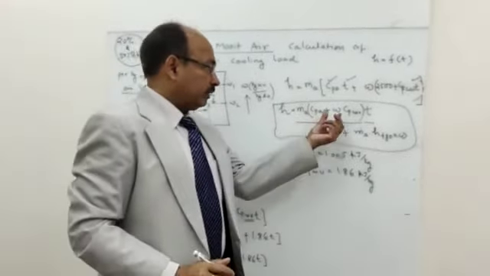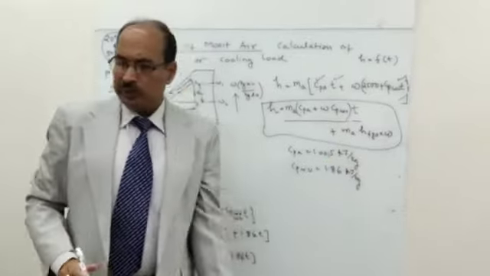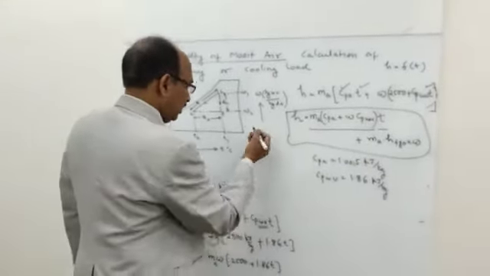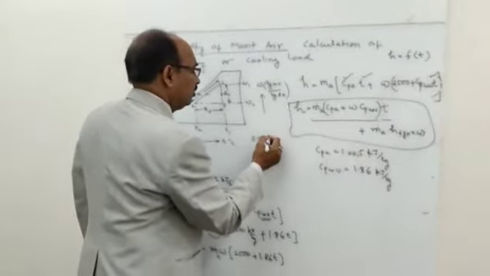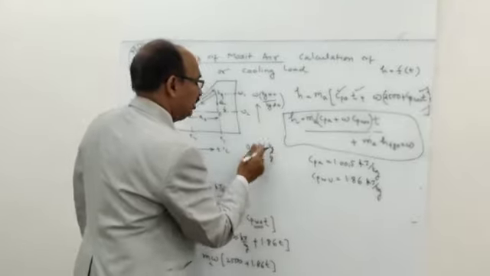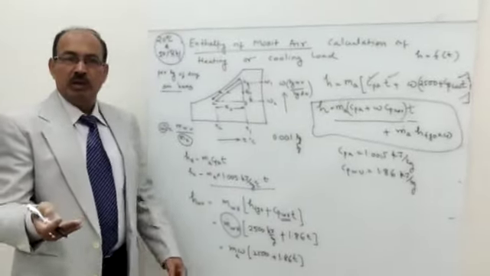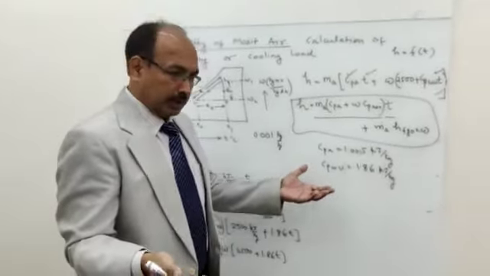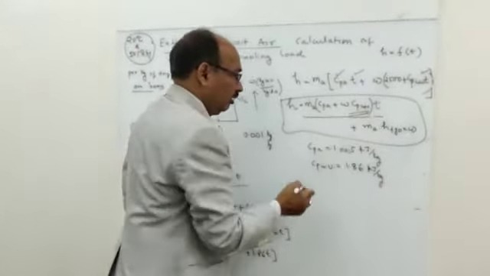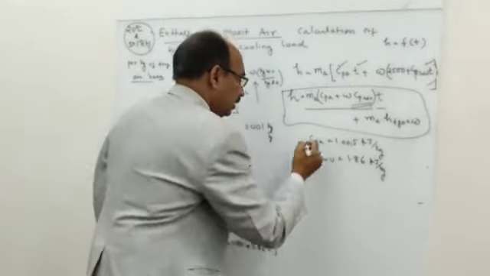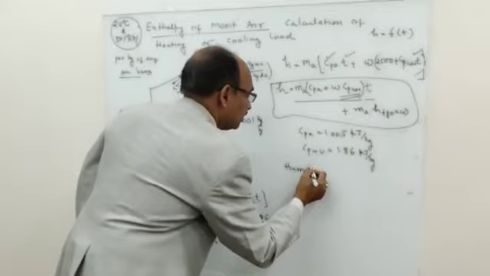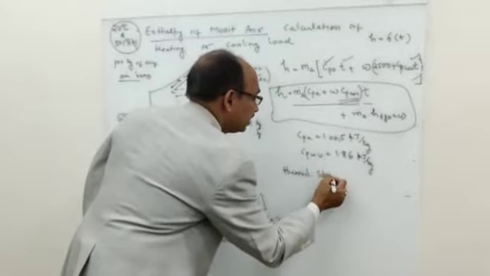In actual practice, the value of omega is very small compared to 1. It is of the order of say 0.001 or something like that kg per kg. That means 1 gram of water vapor per kg of dry air. So this term is usually very small, and this together is called humid specific heat. There is a new term which is humid specific heat.